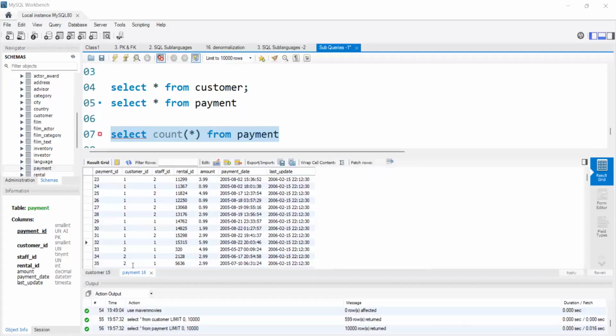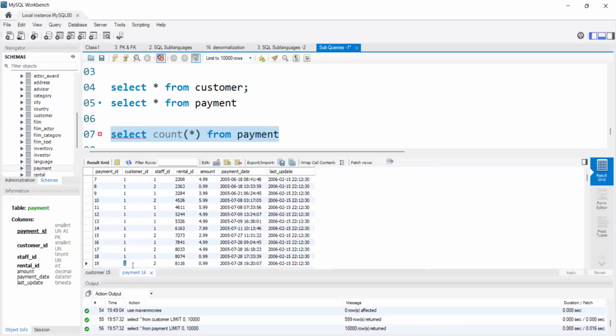For now, just forget about all the concepts. Just try to understand the data here logically. We need to understand how many customers did at least 30 payments. This is the payment table, and each payment id is one transaction in my table. And customer 1 made this many transactions, right?